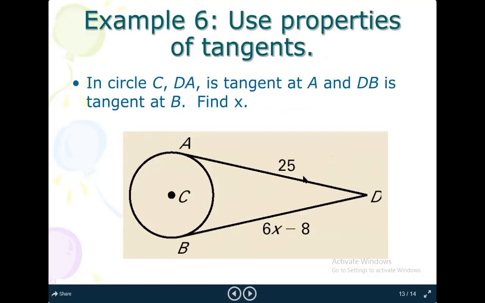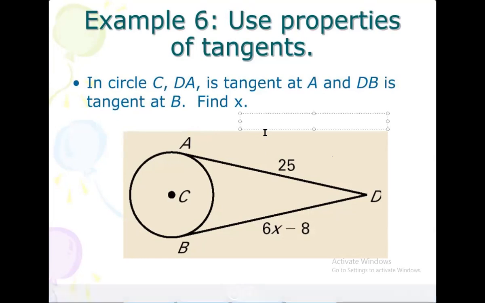We will solve it like an equation, right? So both will be equal. Then it will be 6x minus 8 equal 25. Then we will transfer the 8. Exactly.